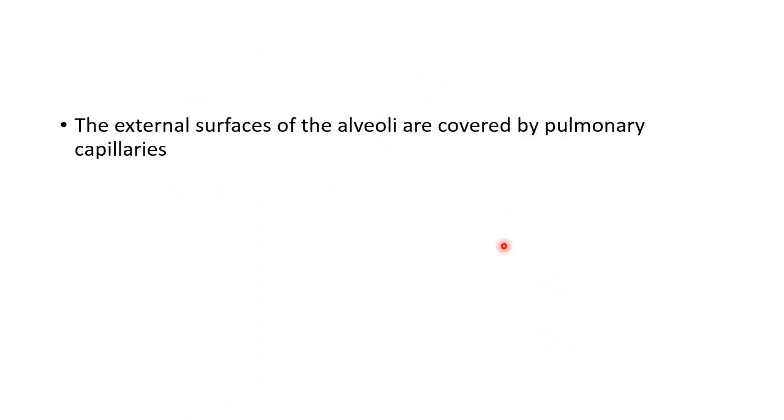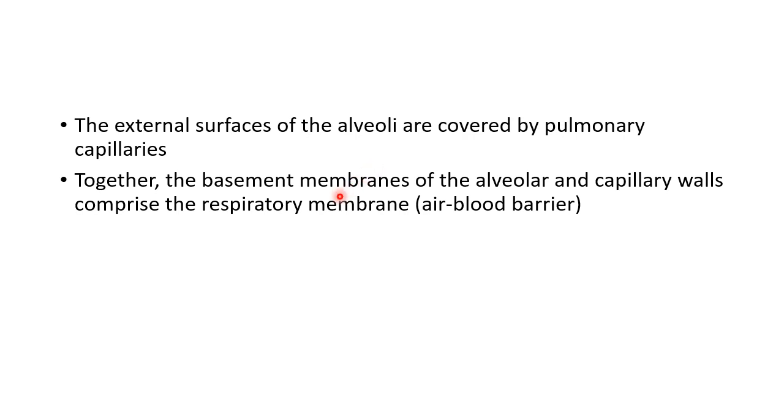The external surfaces of the alveoli are covered by pulmonary capillaries. Together, the basement membrane of the pneumoepithelium or the alveolar cell or pneumocyte, and the capillary walls, the endothelium of the capillary, comprise the respiratory membrane or the air-blood barrier, the air being found in the alveoli and the blood being found in the capillary.